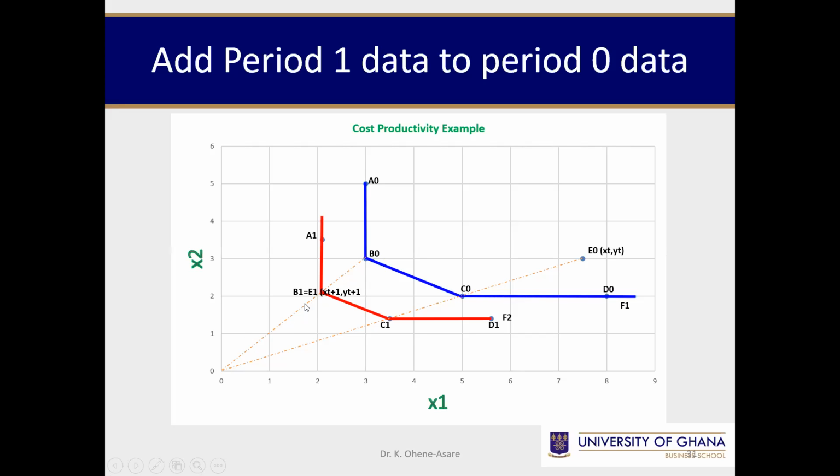And the radial line shows that it will be at the B0. And so remember the definition of distance function. It's a movement, and remember that the DMU is at the E1. So it is going to be OB0, which is a frontier, divided by OE1. OB0 divided by OE1. That is the distance to the frontier.